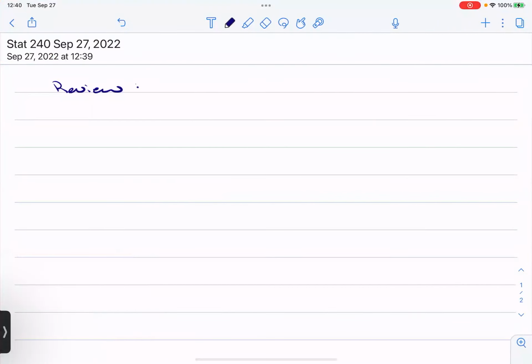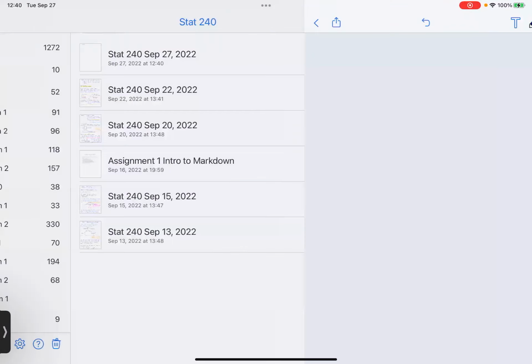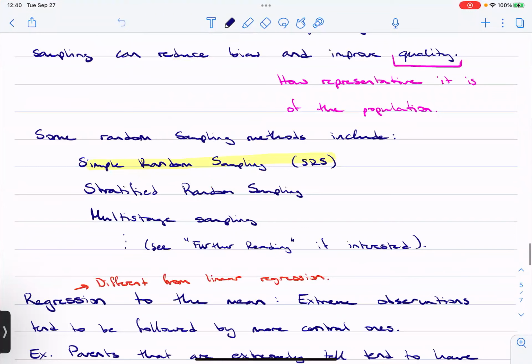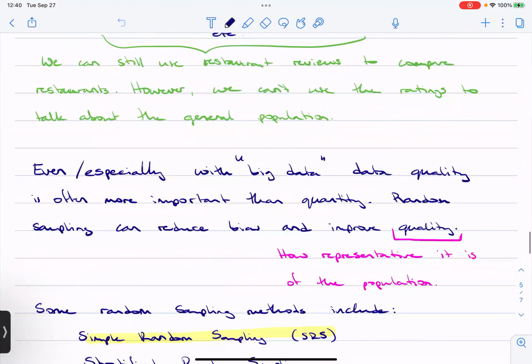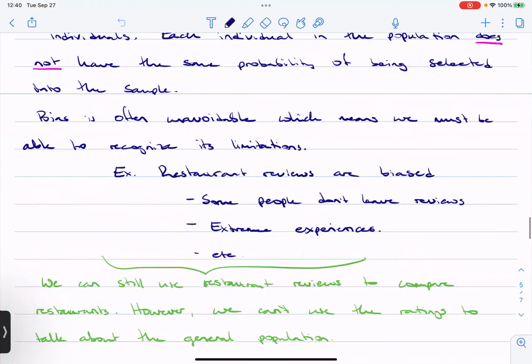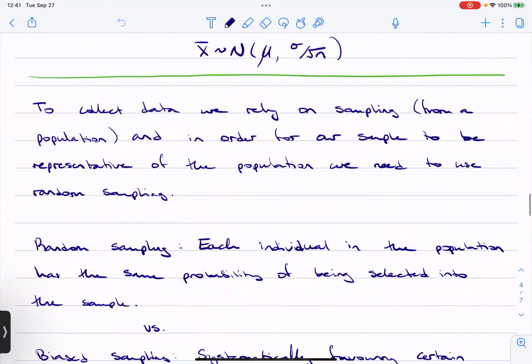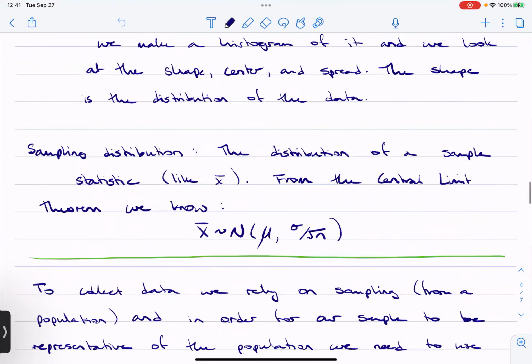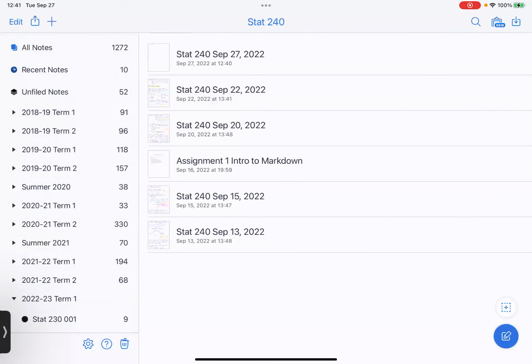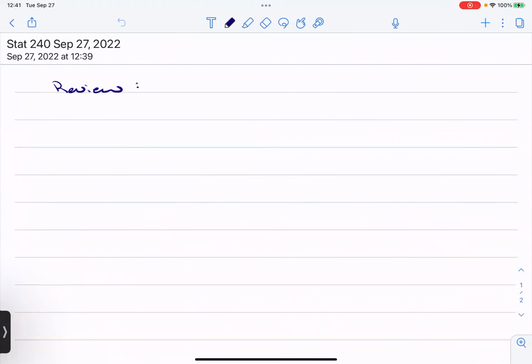So just a little bit of review. What did we say last day? We talked about different sampling techniques. We talked about bias and random sampling and sampling distributions. We talked about data versus sampling distributions, and we're going to keep talking about that today.